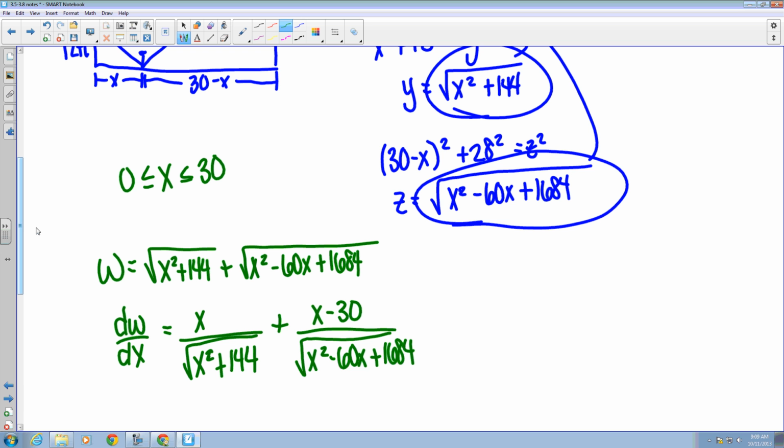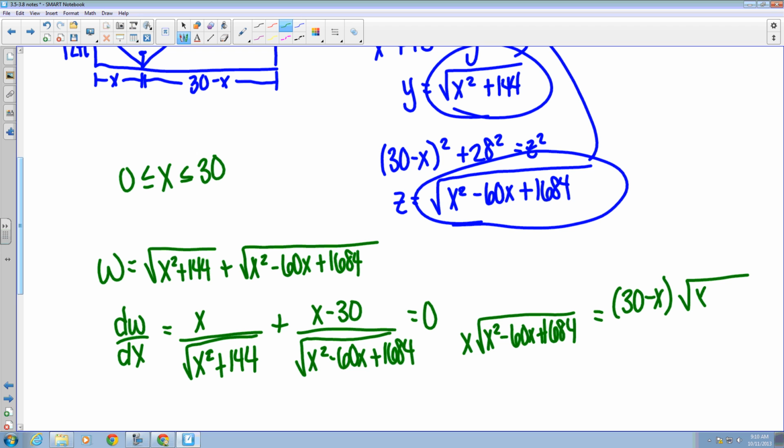Okay, so we need to minimize this, so we would set the dw dx equal to 0, and the easiest way to do that is to subtract one of those two terms and then cross multiply. So the cross multiplied product is going to look like this: x times the square root of x squared minus 60x plus 1684 equals 30 minus x, notice that's switched around because we had to subtract that term, times the square root of x squared plus 144.